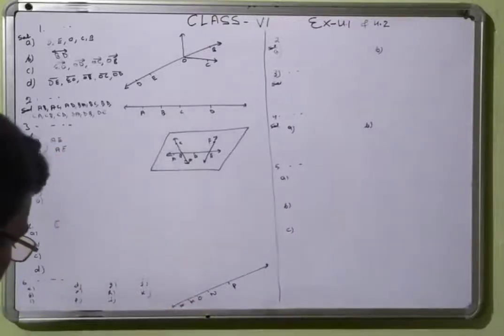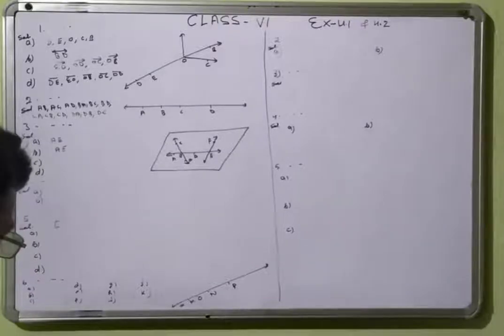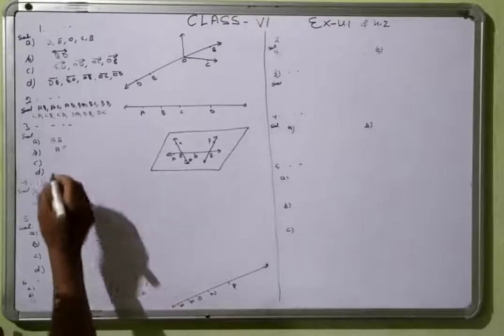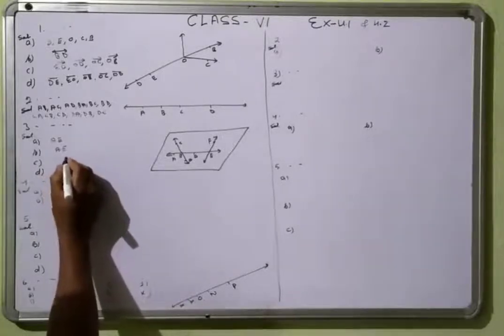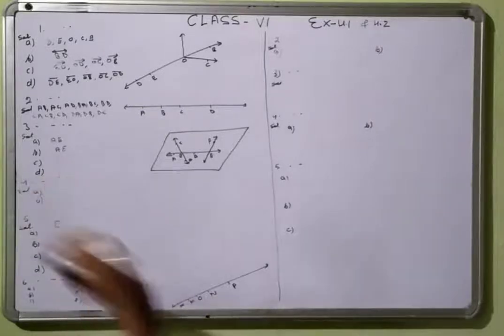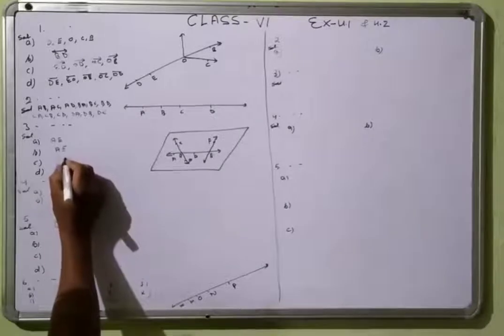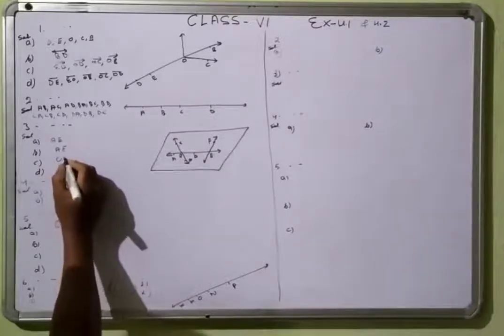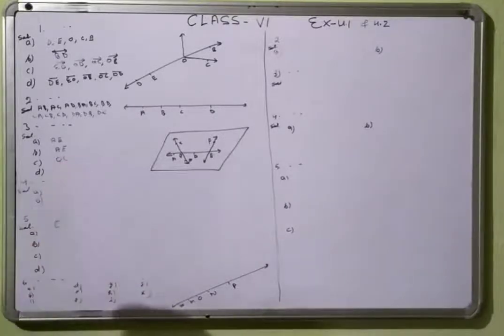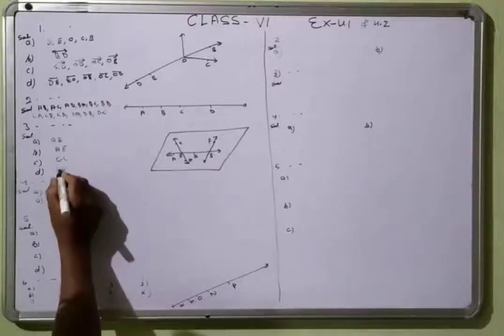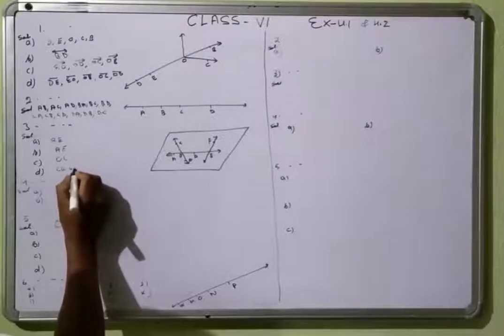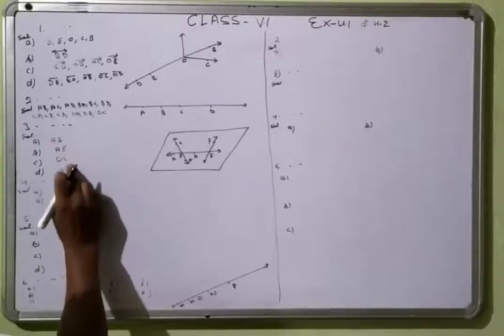Next, line on which O lies, OC. And then 2 pairs of intersecting lines: CO and CA, CO and AE we can write here.